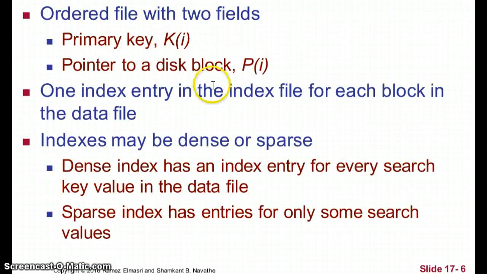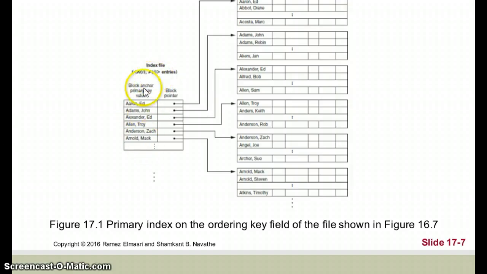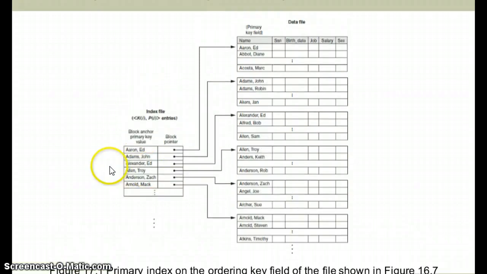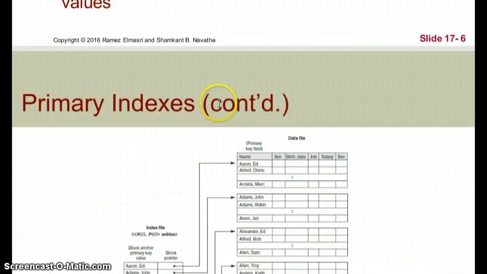What are the two fields? One field is the primary key field, which is nothing but the block anchors. What are block anchors? Block anchors are the first data of each block. Here in the index file, every index entry will be the first data of each block. These are called the block anchors.